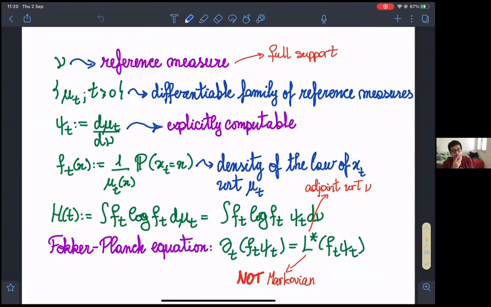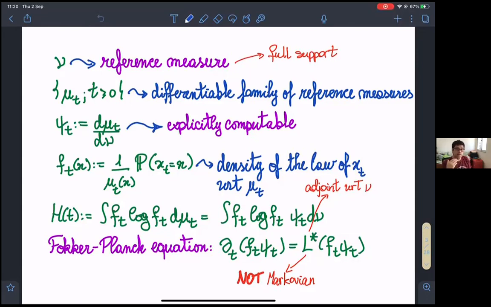And then I'm going to define some density functions. The first thing is psi_t, the Radon-Nikodym derivative of the reference measure mu_t with respect to the base reference measure nu.